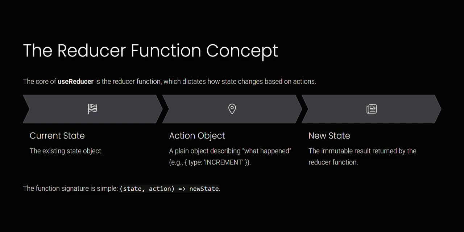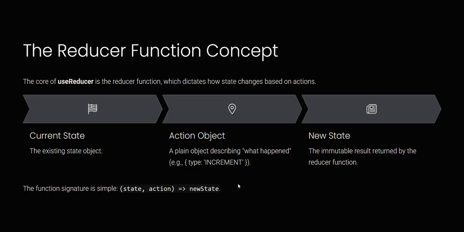The type is a key, and for that we are adding a string like ADD_TODO as a value, comma, payload is a key, and for the payload key we are having a value. This pattern forces you to centralize all state mutations in a single writable function, making your logic easy to read, debug, and test. Here are the current state, action object, and new state.